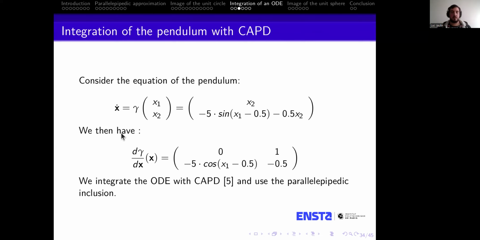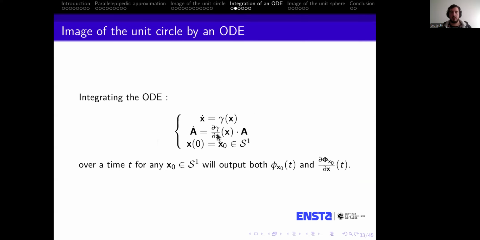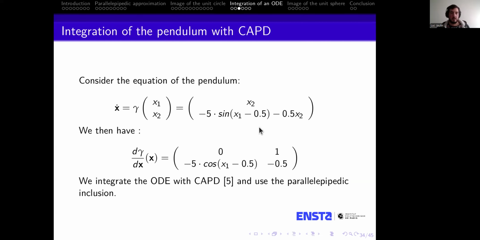Then I'm able to compute the derivative of this gamma function, so the equation of the pendulum. And with these two pieces of information and the augmented ODE here, I'm able to integrate this and to get the flow function and its derivative. Sorry, so its Jacobian.